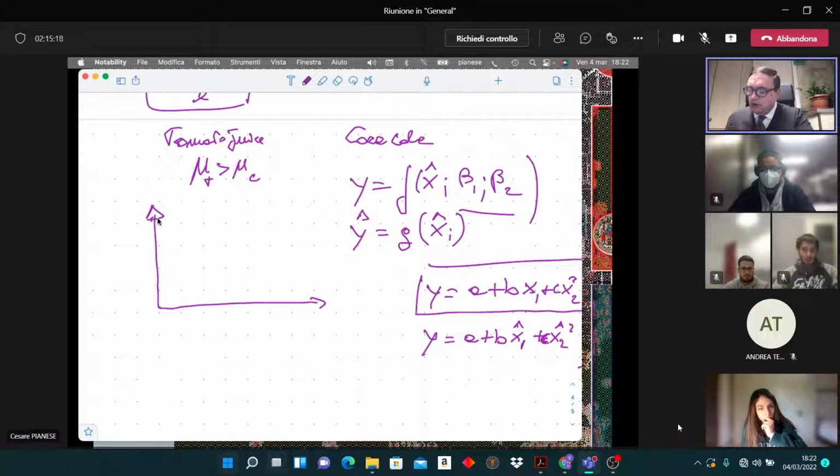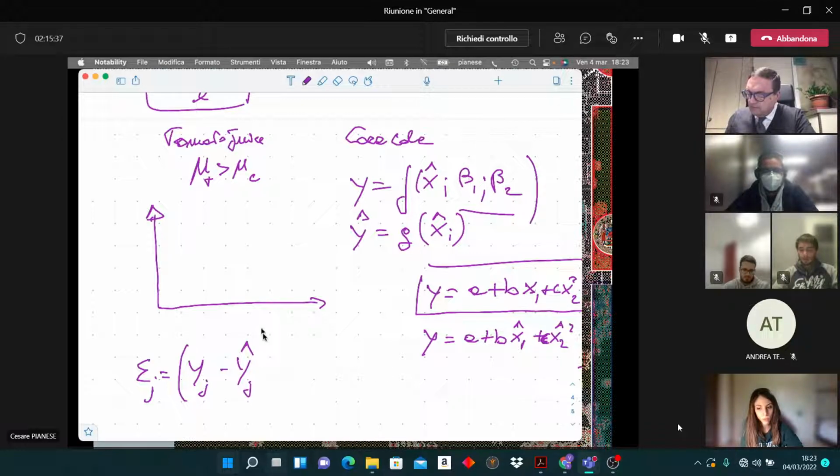If you represent the error as a function of y, let's say epsilon j minus y j of x i.